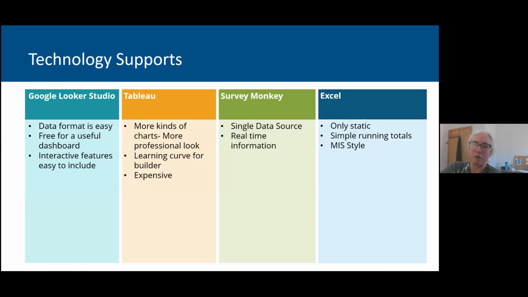So these are a range of kinds of tools, and like I said, these tools are constantly developing right now. Google Looker Studio is free if you have Gmail. It's pretty intuitive.